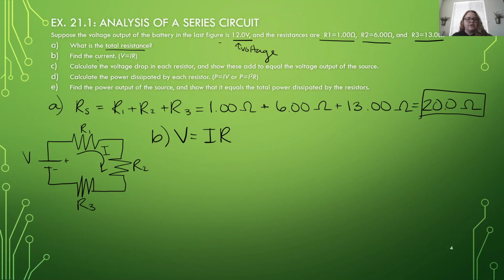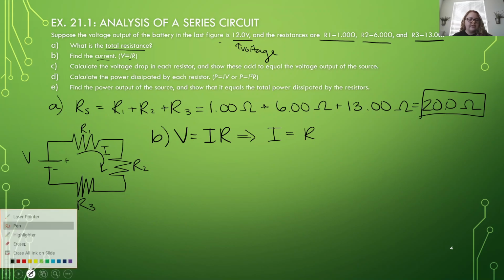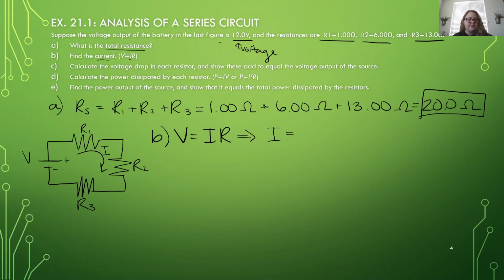Current is I. So we can solve for I is equal to V divided by R. Then we plug in our volts. We have 12 volts divided by 20 ohms.